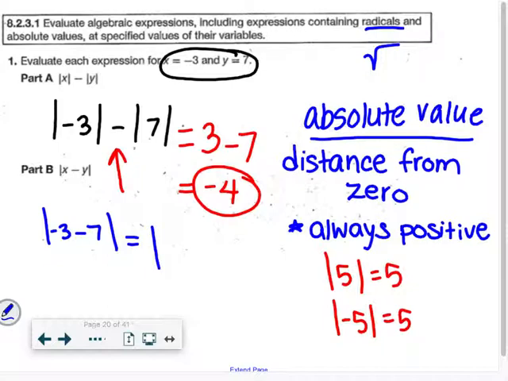Negative 3 minus 7 is negative 10. And the absolute value of negative 10 is positive 10. So what they're showing you is that having two separate sets of absolute value bars around the x and y versus one set around the x and y when they're being subtracted makes a difference in your answer.